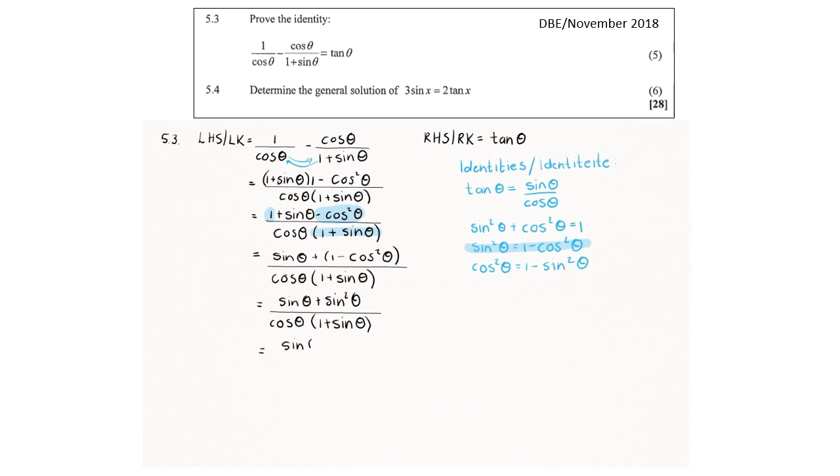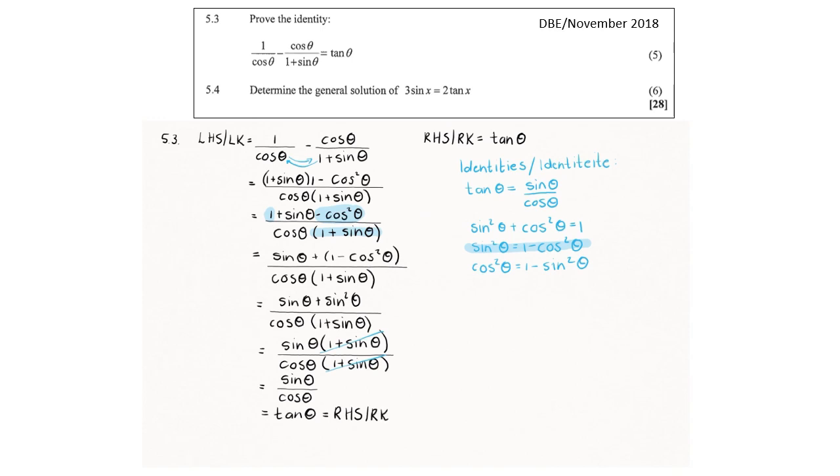And now the 1 plus sine theta in the numerator and the 1 plus sine theta in the denominator can cancel. And then we are left with sine theta over cos theta, and this equals tan theta, and this is exactly the right-hand side of the identity. So that means we've now proved the given identity.